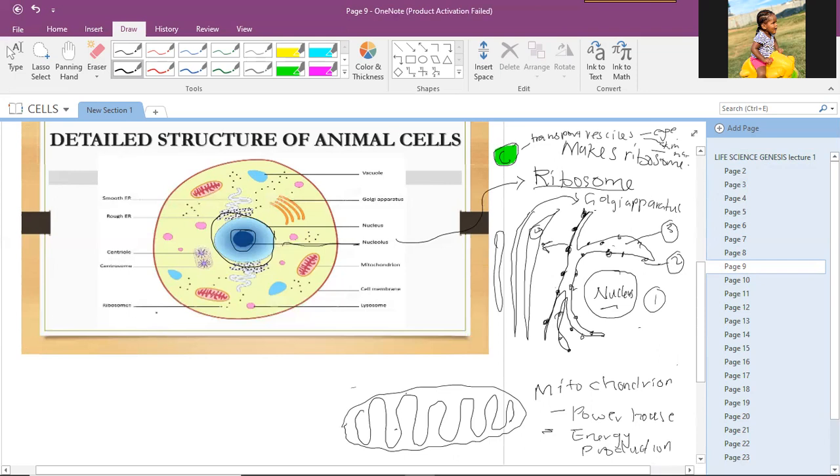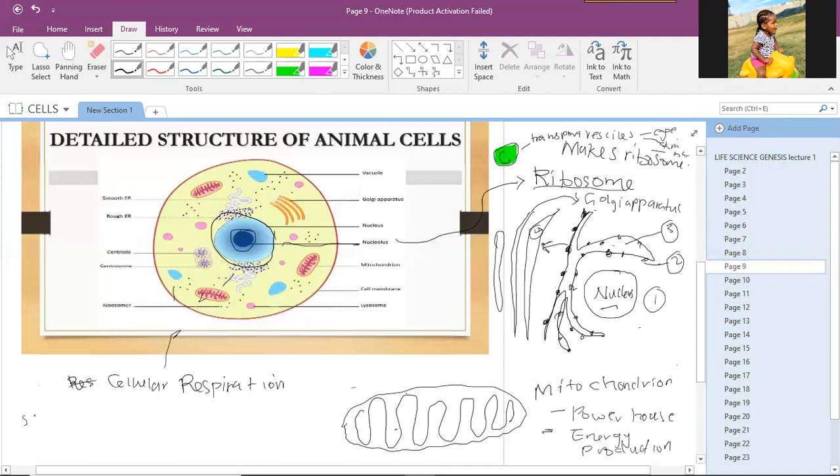So what does the mitochondria do? It does something known as cellular respiration. So cellular respiration is the process in which cells make energy within themselves, for the function of the cell. So what is cellular respiration?